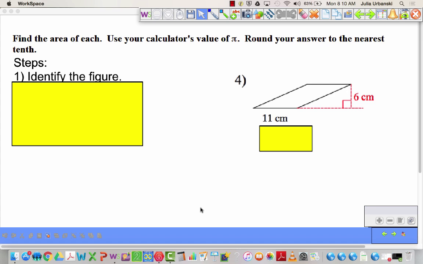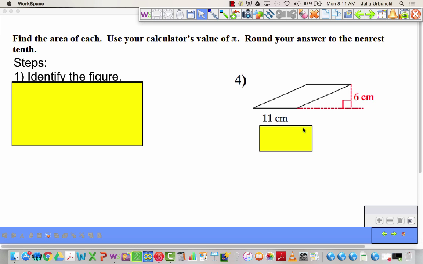Name the shape and write the formula that goes with it. Nope. You guys, the red parts are parts that are not in the picture. The black lines are the outline of the shape. Only look at the solid black lines. The red lines, anything that's in red, is given to you as more information.